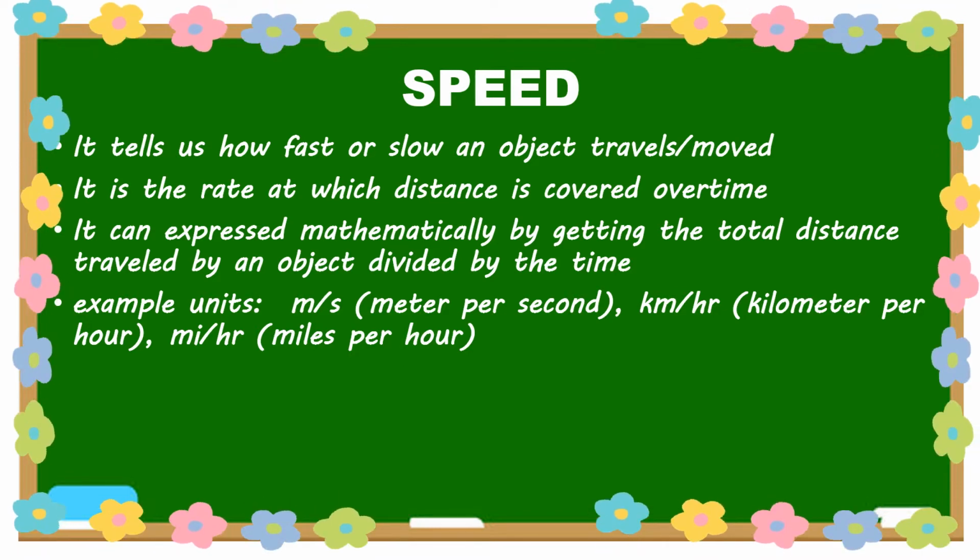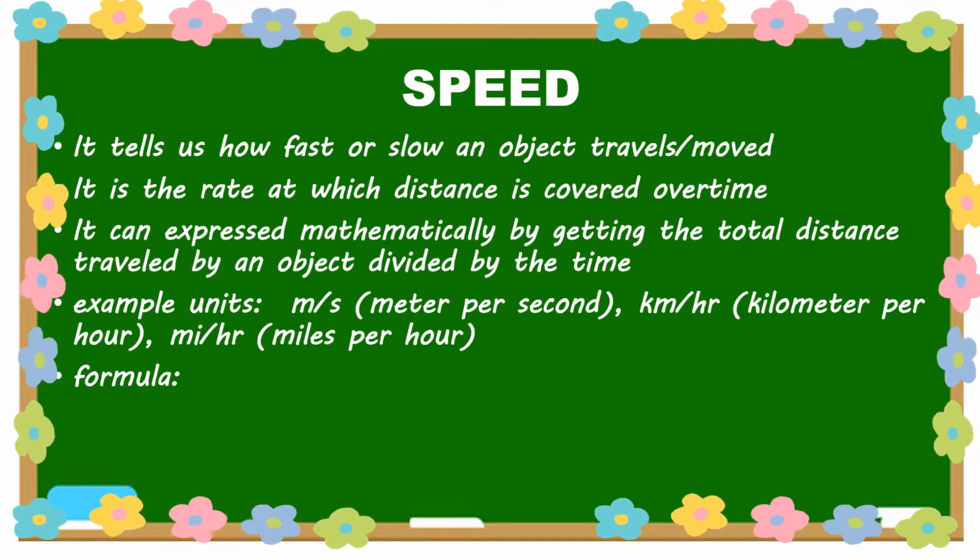Always remember that when you are writing a unit of measurement, if it is in capital letter, it is in capital letter, and if it is in small letter, it is in small letter.